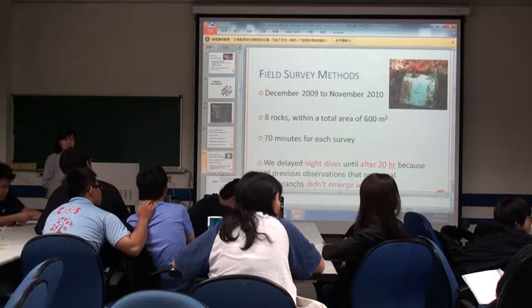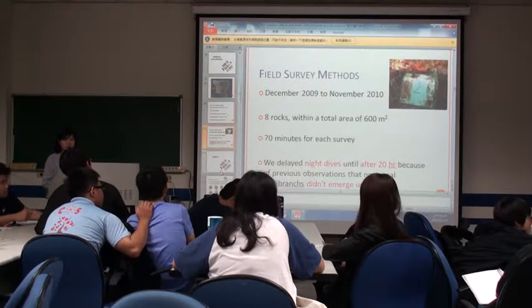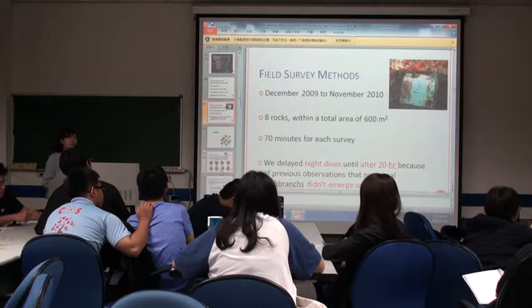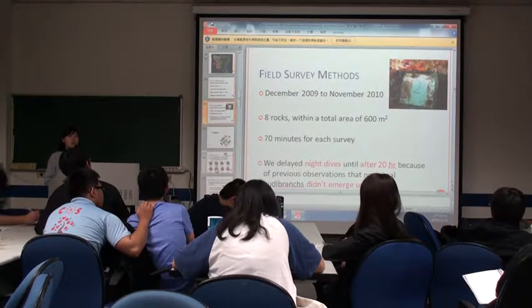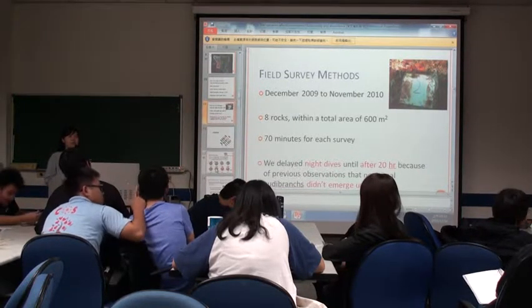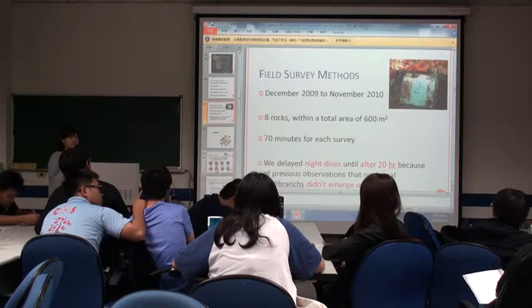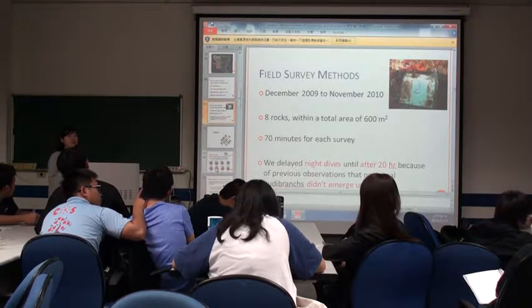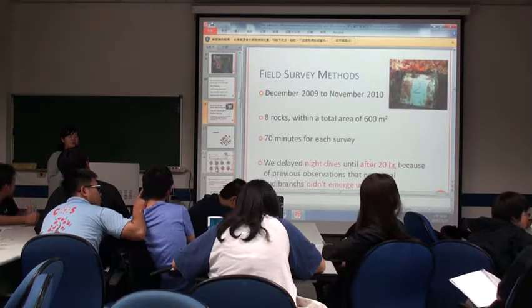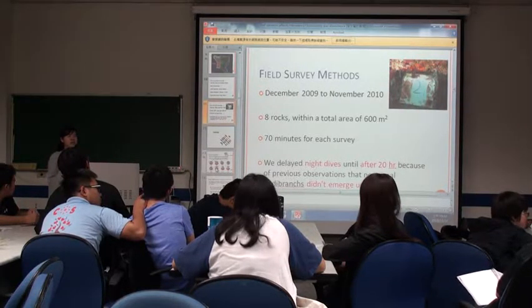Like, each species you choose 1 or 2 or more. This survey didn't choose the species. They did not focus on the species. They focus on the biodiversity and evenness. So the species are the result we found.